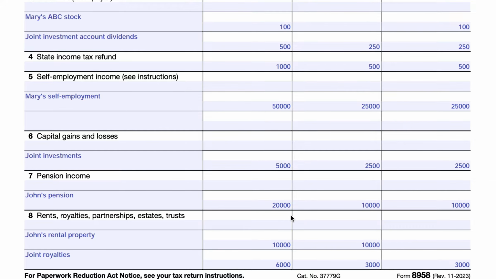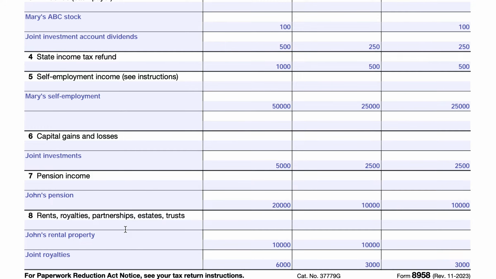None of this income is subject to self-employment tax unless you happen to be in the business of, like if you're renting property out and it's actually part of your business, then you may report that on Schedule C. But generally speaking, passive income, royalty income, partnerships, estates, and trusts, all of that passive type income would be reported on Schedule E.